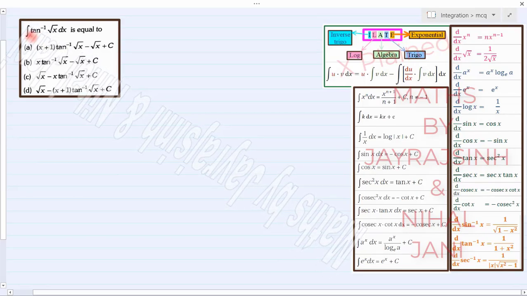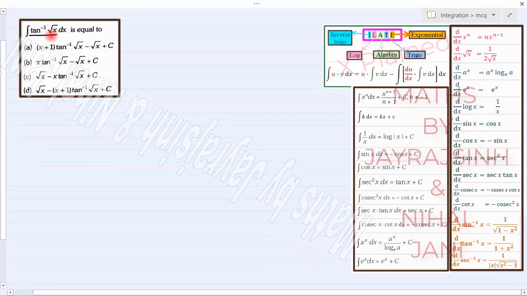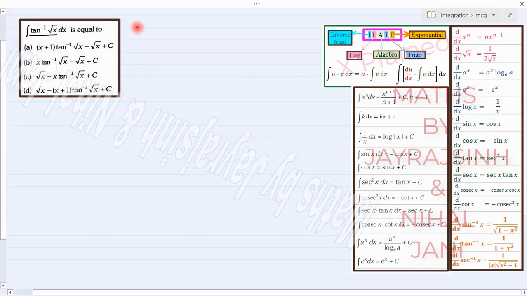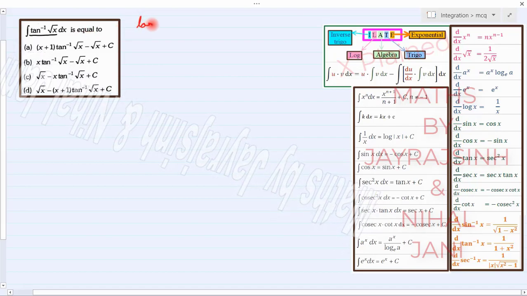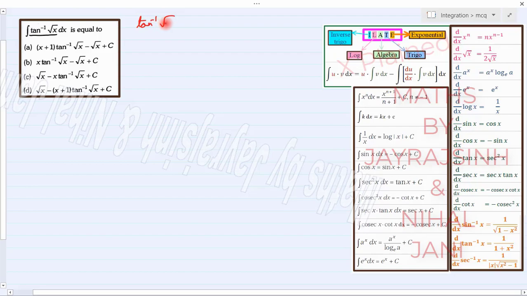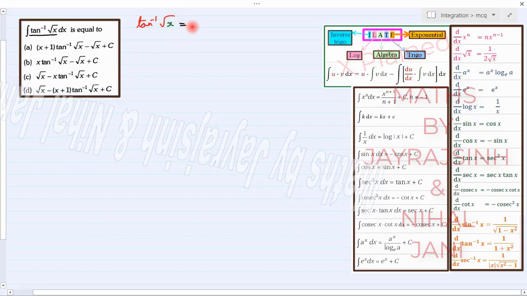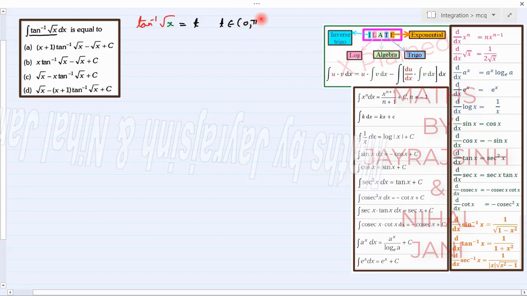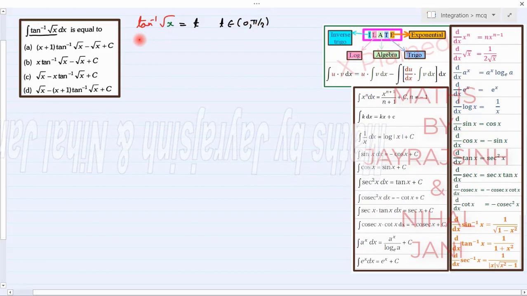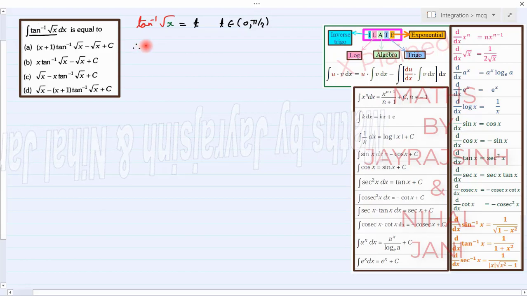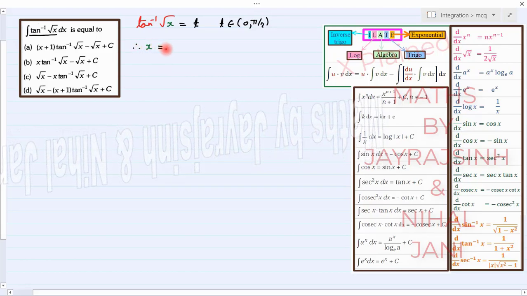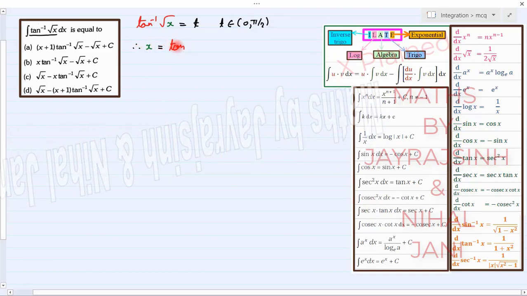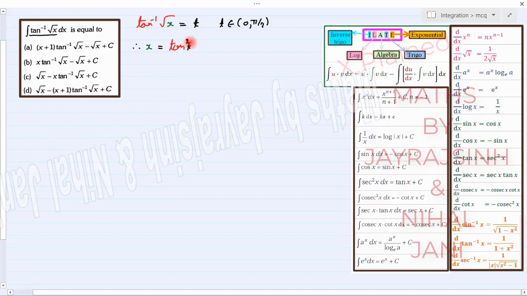Here we have to integrate an inverse trigonometric function, and we know that to integrate inverse trigonometry, we simply have to assume tan inverse root x is equal to t, where t belongs to 0 to pi by 2. So if we make x the subject, we will get (tan t) the whole square.